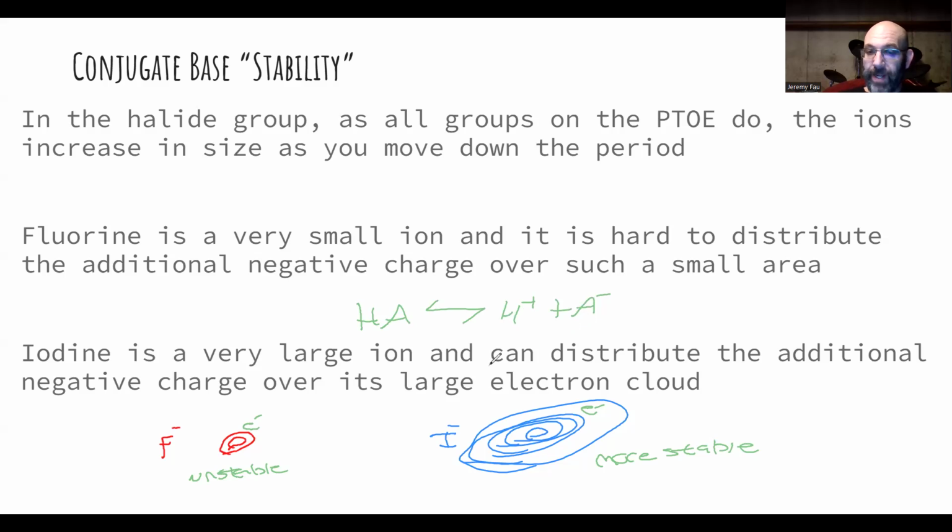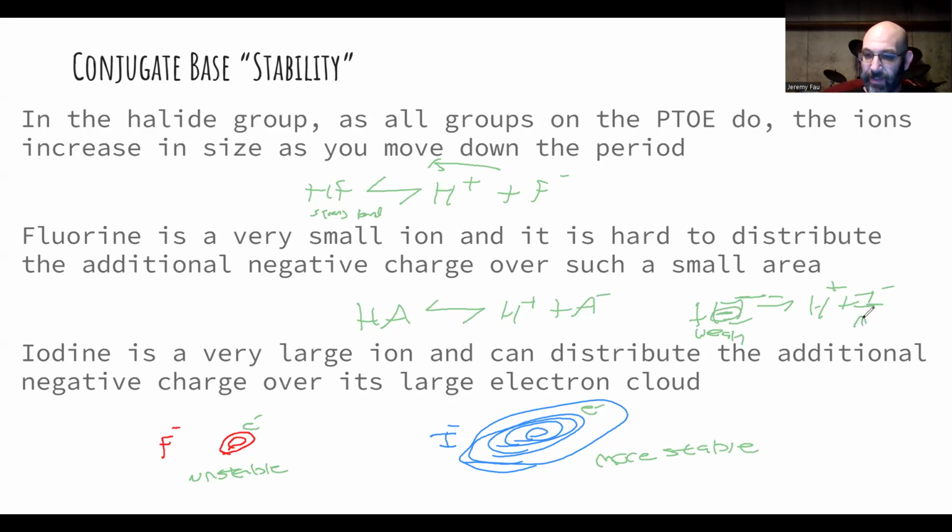Part of the reason why HF is weak is not only that this is a strong bond, but F minus isn't very stable. So the F wants to link back up with the H, and this reaction goes backwards. And now we have a weak acid. Meanwhile, with HI, this bond between the H and the I is really, really weak.